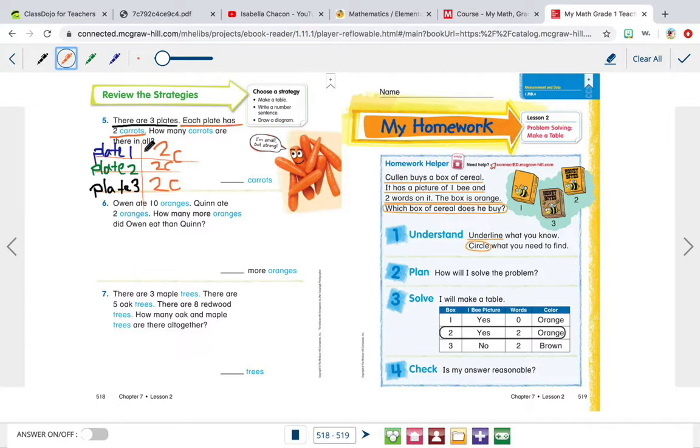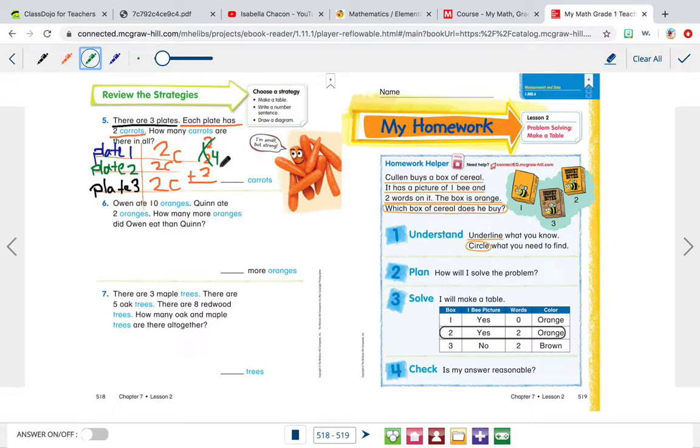How many carrots are there in all? So what we're going to do is we're going to add the carrots from plate 1, plate 2, and plate 3. So 2 plus 2 plus 2. All right. So I know that 2 plus 2 is a double, which makes 2 plus 2 equal to 4.